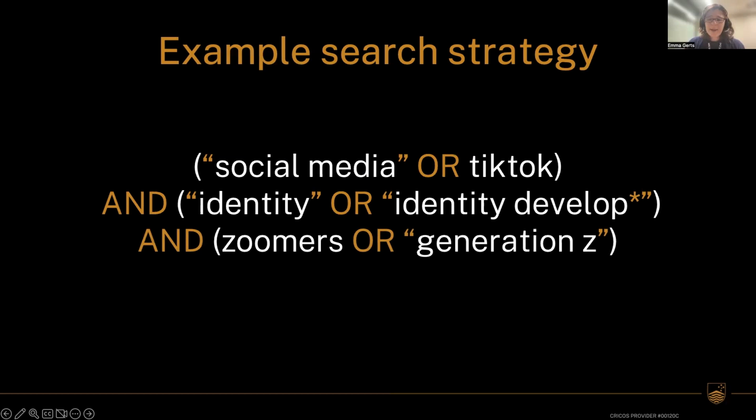But to the database, that is database language. So it is saying that it will return any article that contains the term social media or TikTok, along with the terms identity or identity development and Zoomers or Generation Z. And so that's how we start to construct a search strategy.